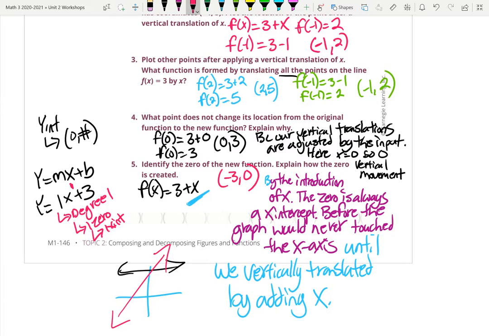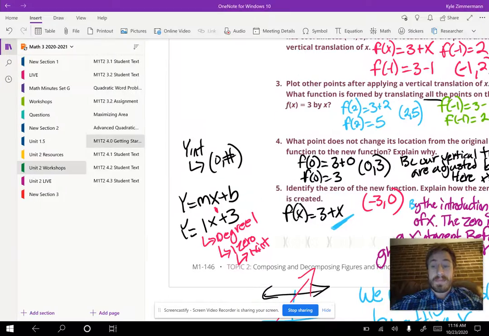And this adjustment, we vertically translated it, created this x-intercept. It was not there in the first place. Hope this helped, team. This has been good.